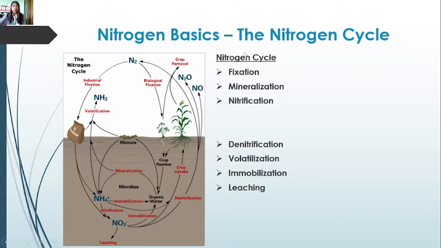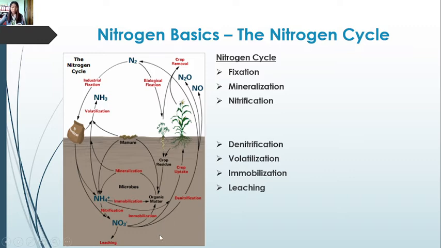Okay, so we have here, in the nitrogen cycle, the different processes, no? There could be fixation, mineralization, nitrification. So, bakit sila hiwalay? The nitrification, volatilization, immobilization, and then leaching. So, the nitrogen cycle here illustrates how nitrogen from manure, fertilizers, and plants moves through the soil to crops, water, and to the air.